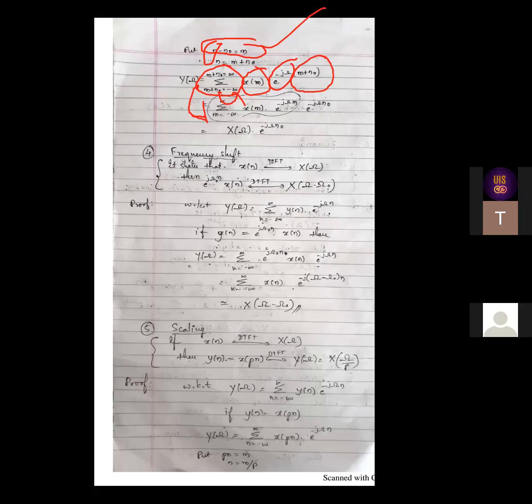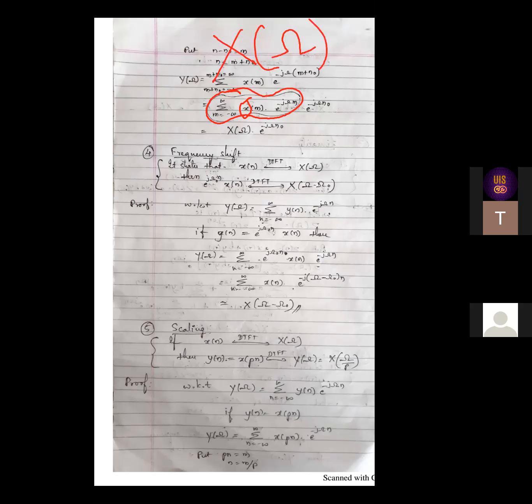So the variable will be m is equal to minus to plus infinity x of m. This exponential factor, I'm splitting it, e raised to minus j omega m and e raised to minus j omega n naught. So two terms are there. So in the next step, if you observe, I have encircled it. Since the signal is x, this indicates your Fourier transform of x.